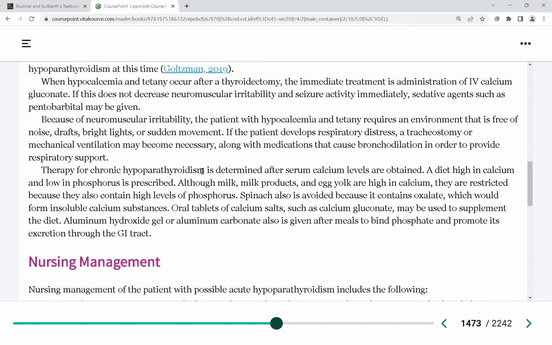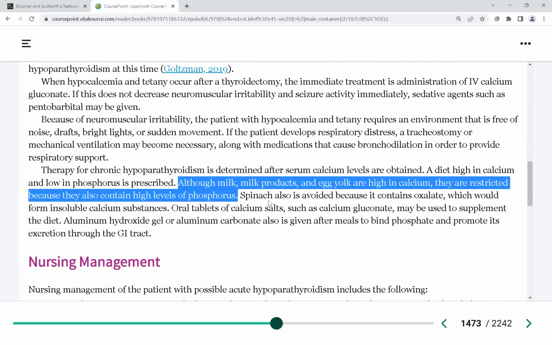Diet. Although we give a high calcium diet, we also give low phosphorus. Now, what would be a good high calcium diet? And we give dairy? Actually, no. Here's the rationale. Thank you for reading, Ms. Caroline. Although milk products and egg yolk are high in calcium, they are restricted because they also contain high levels of phosphorus.